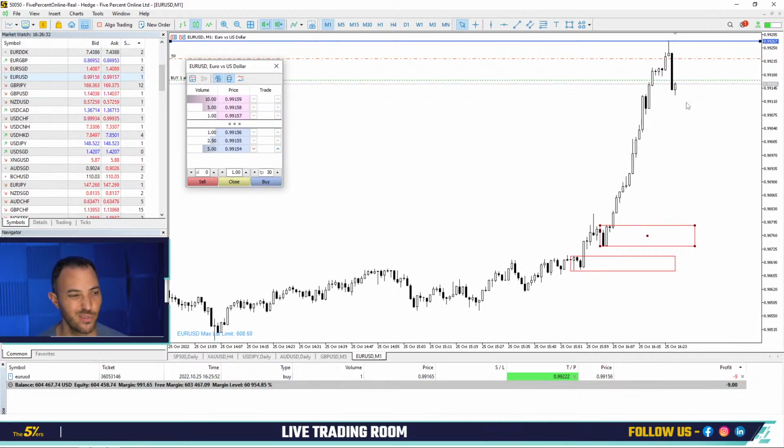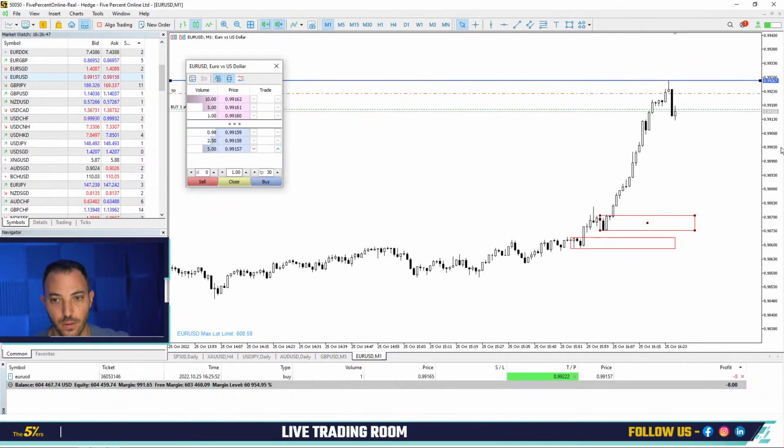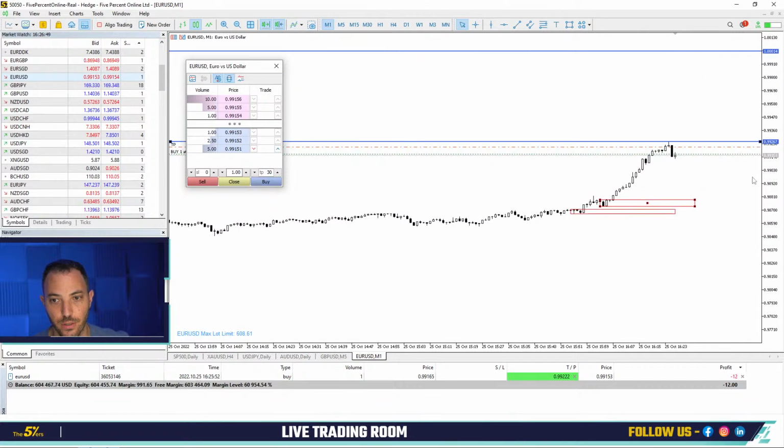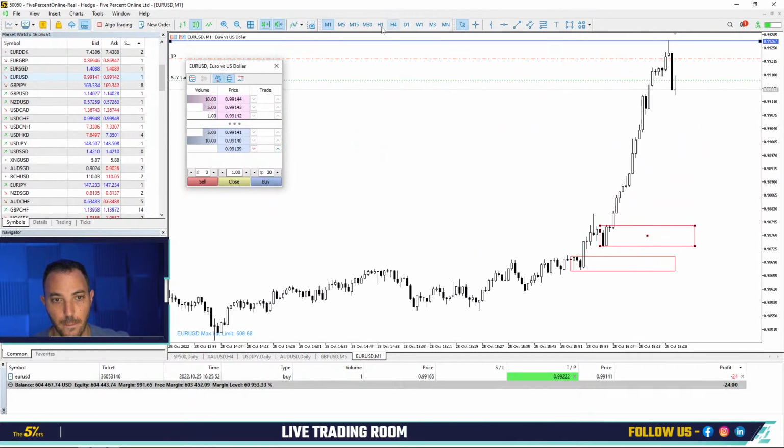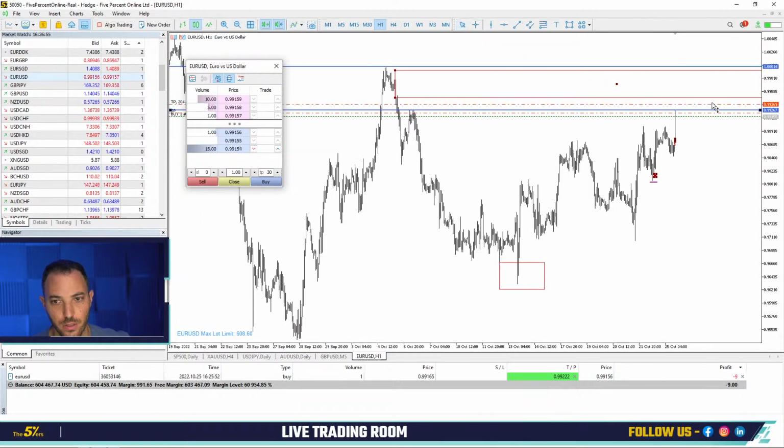So I use a mix of both, and we'll see if we can get a retest of the blue line, of those highs, and if we do, we might see a break of that line, potentially to the next area, which is up there.